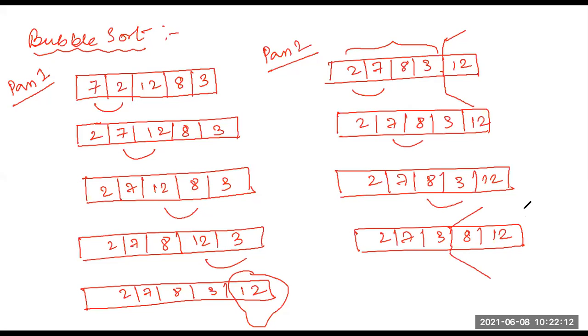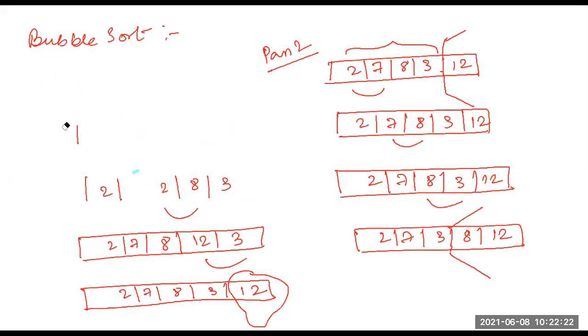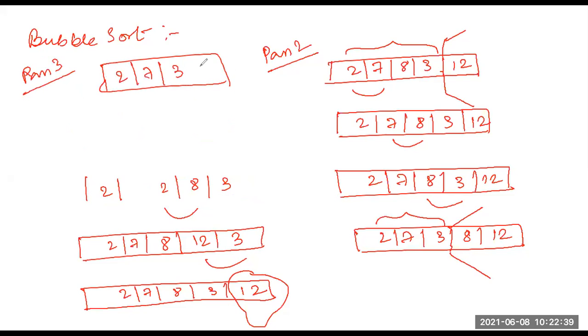Now there will be pass 3. For pass 3, I will only focus on these elements because the last two elements are sorted. I focus on 2, 7, 3. So 8 and 12 are already sorted and in place. I compare 2 and 7; no change required.